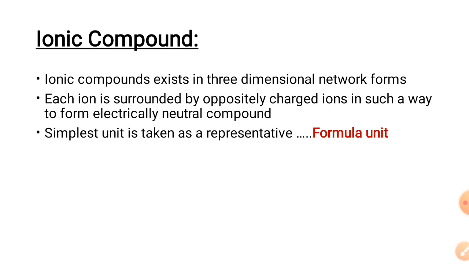Ionic compounds exist in three-dimensional network forms. As we discussed earlier, they exist in three dimensions. Each ion is surrounded by oppositely charged ions in such a way as to form an electrically neutral compound.